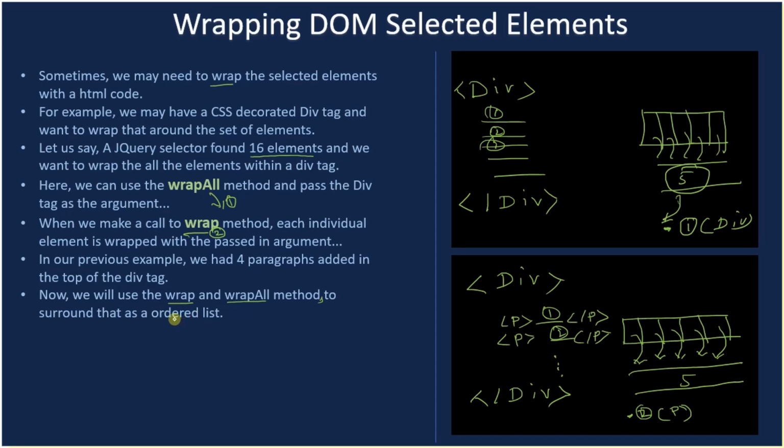Previously we just moved the table of contents, and inside the div we have separate paragraphs. Because of the grid style, those paragraphs are displayed nicely. Now we are going to place those 4 paragraphs by using the wrap and wrapAll methods, and thereby we will be placing them inside the ordered list.